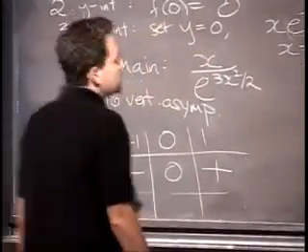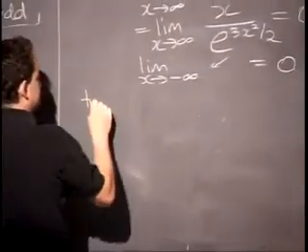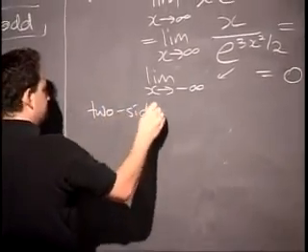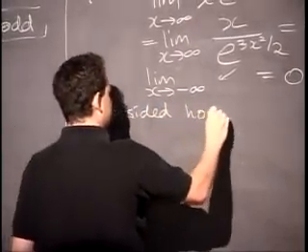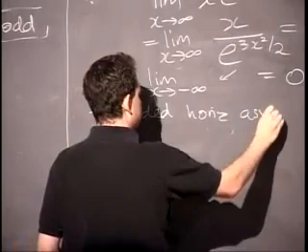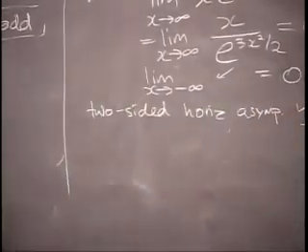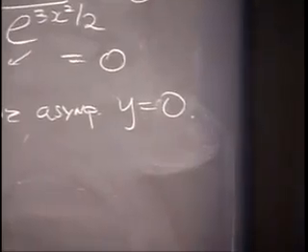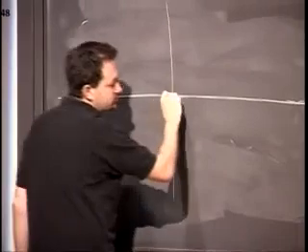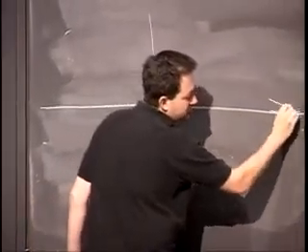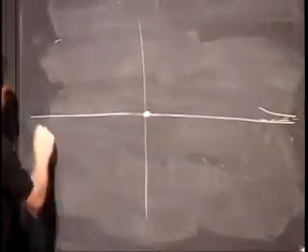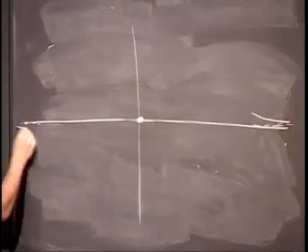So there's a two-sided horizontal asymptote at y equals 0. And now we can draw that in. If we come over to the graph, we know that the function's positive here, so it must come down like this. And similarly, we know that the function is negative here, so it must come up like that.